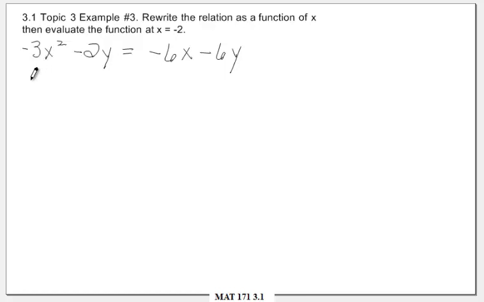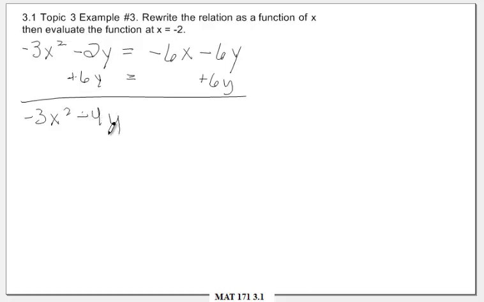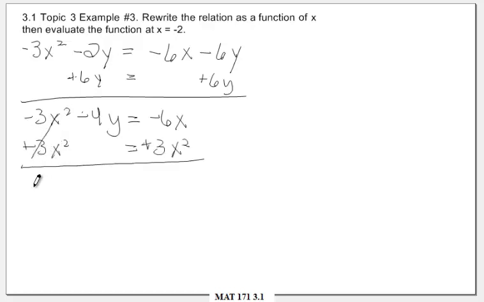So we're going to add 6y to both sides to get the y on the left, which will give us negative 3x squared plus 4y equals negative 6x. And then we're going to add the 3x squared to both sides. We'll be left with negative 4y is equal to 3x squared minus 6x, and then we divide by negative 4.